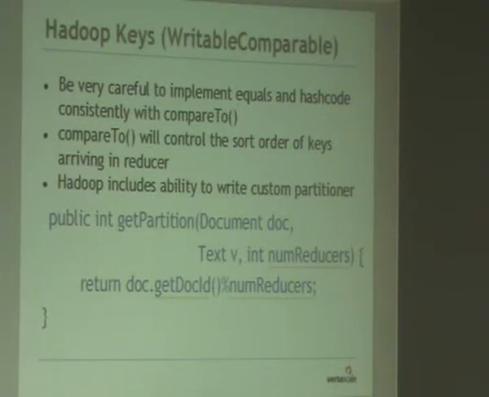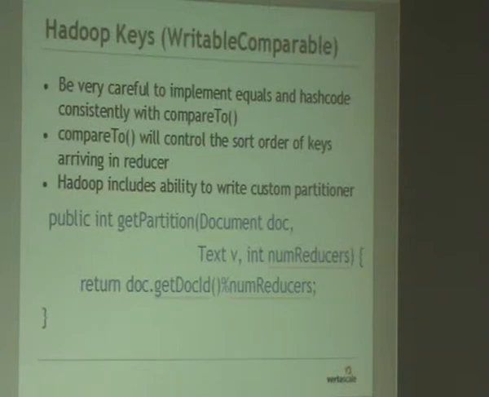So the other thing that you want to be aware of is that Hadoop does include the ability to define your own partitioning of the data. By partitioning, we mean which reducers receive which keys. The default partitioning is basically based on essentially randomization as to which reducer gets which key.